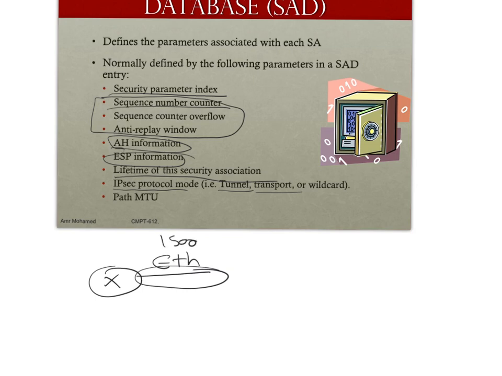If this passes to a router, and this is wireless, wireless has a maximum transmission unit less than 1500. So if I receive a packet here with a length of 1500, what do I have to do? I have to do fragmentation. I have to divide this packet into multiple packets. That's how fragmentation works.